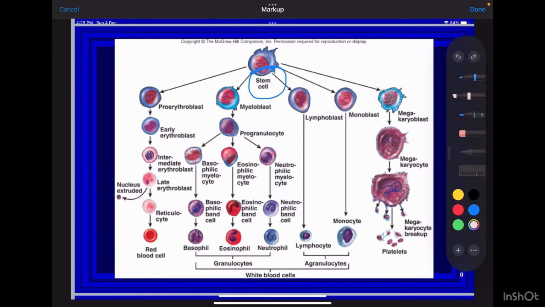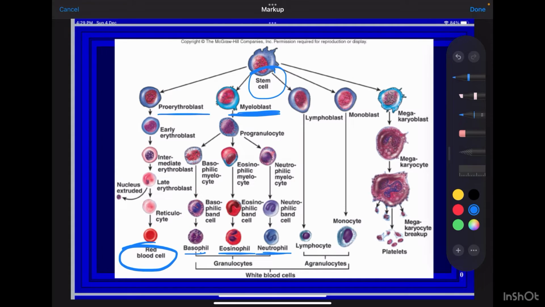Now the other type of blood cell that the stem cell is going to develop into is the myeloblast. Other than the proerythroblast, which gives us red blood cells as the end product, the mature one that we have in our blood, the myeloblast pathway ends with three main cells: basophil, eosinophil, and neutrophil.